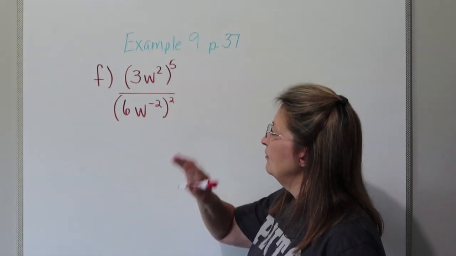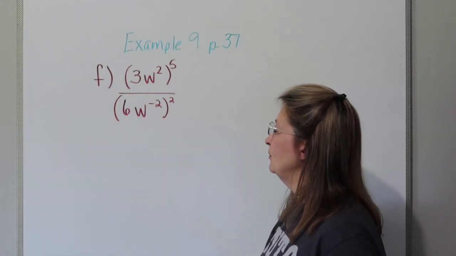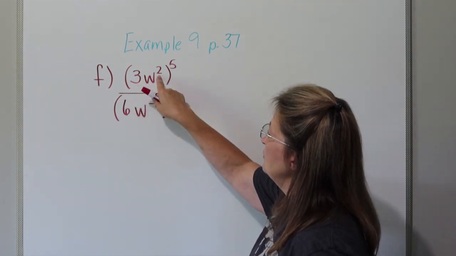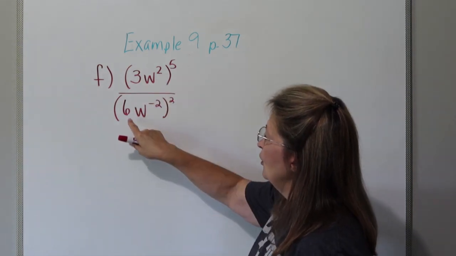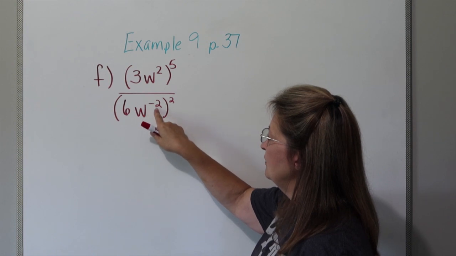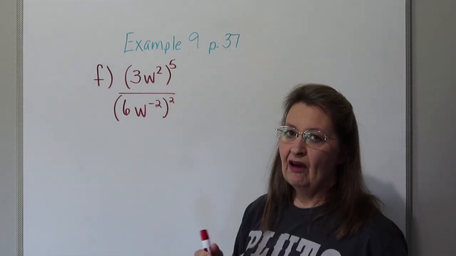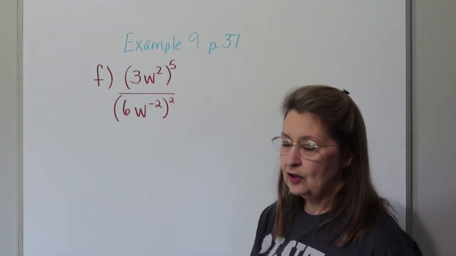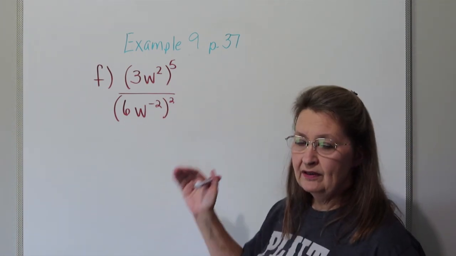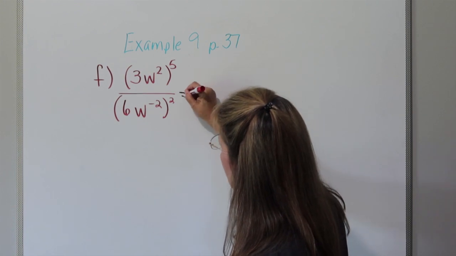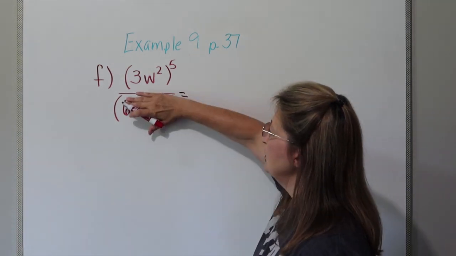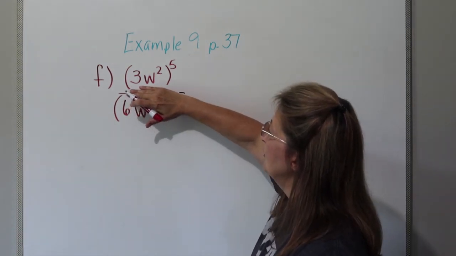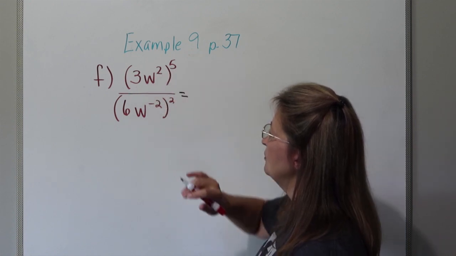Now example F, this is our last example, so hang in there with me. We have 3w squared to the 5th power over 6w to the negative 2 squared. Now there's not any cute little things that are going to make this all disappear. We're just going to have to plow into this and take care of our exponents. So first of all, let's just look at the top. We've got 3w squared to the 5th.